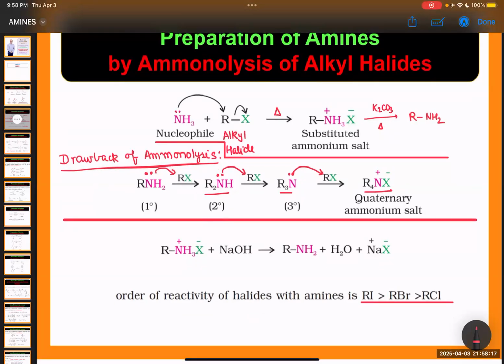So roughly you can say that you will get a primary amine, but if I talk more precisely, the primary amine is not the sole product. You will get a secondary, tertiary amine and quaternary ammonium salt also along with it. Got it? So sometimes, as I told you, the base is mentioned and sometimes it is not mentioned. You can write it directly also. Okay? Clear? So let's move on to the next part.